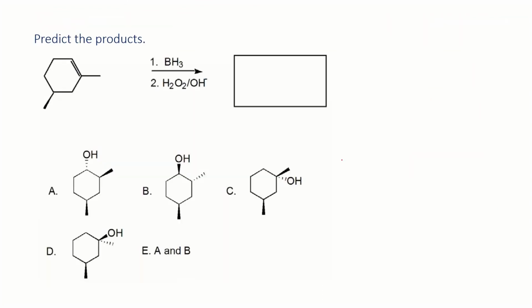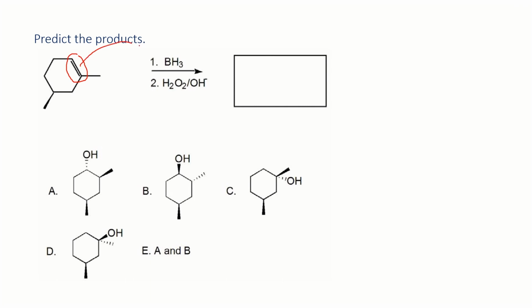So let's go back to our problem and note that this is our double bond. It is anti-Markovnikov addition, and so the boron should result here.